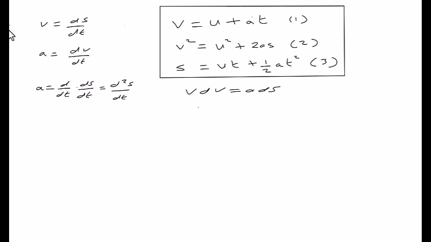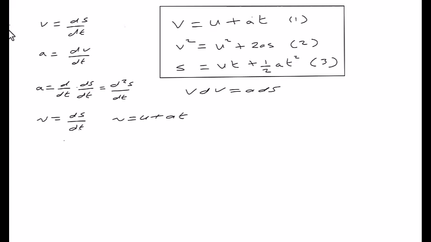So let's produce one of these laws, for example, by using these derivatives. So let's start off with velocity is equal to the derivative of displacement over time, and we also know that velocity is equal to u plus at. That's our first equation up here.